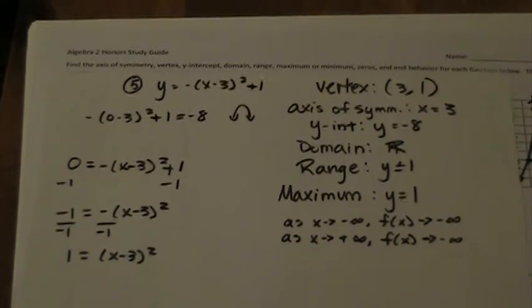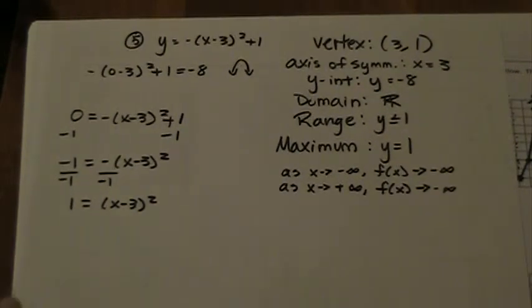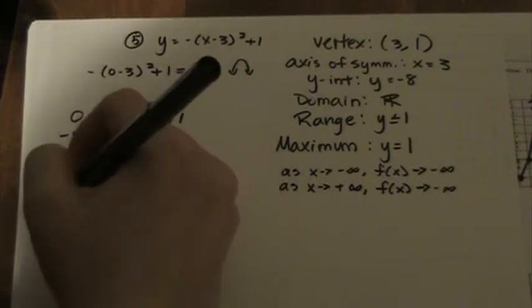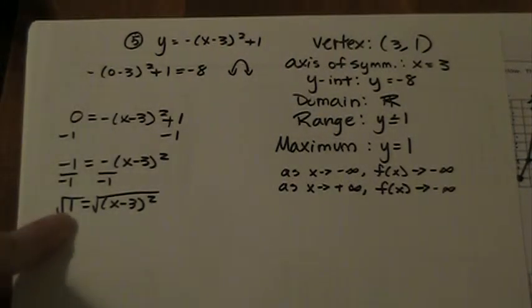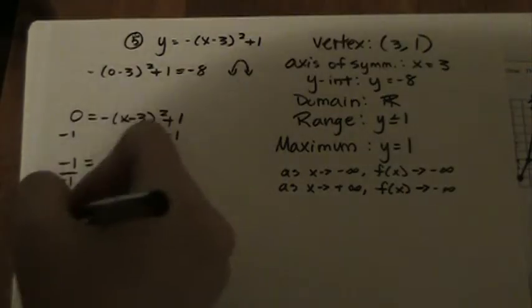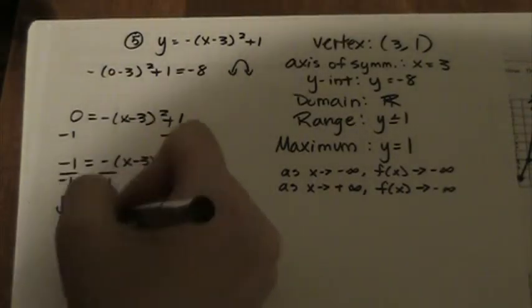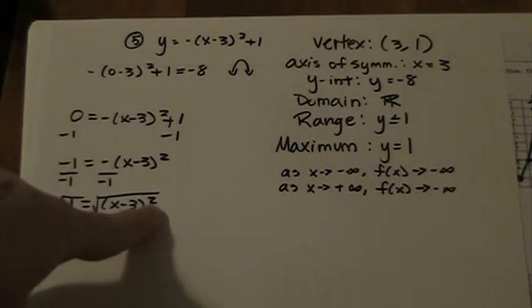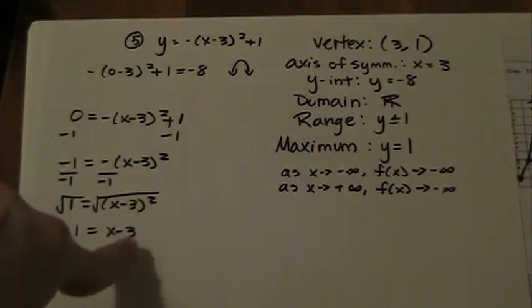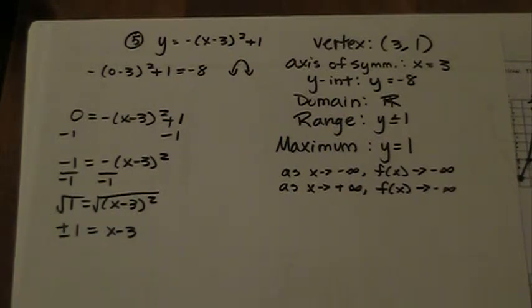And then the last thing to do is to take the square root of both sides. And remember, when you take the square root, you have plus minus. And it's the square root of 1. Well, that's a perfect square. So I can just write plus or minus 1 equals x minus 3, because taking the square root of a binomial squared, the square root and the exponent cancel, and you're just left with x minus 3.